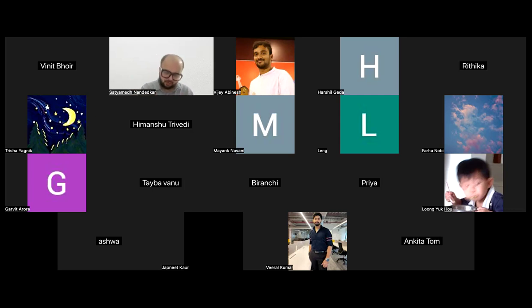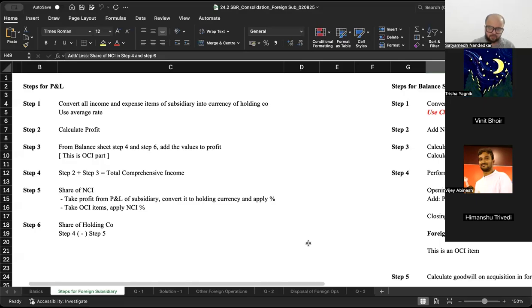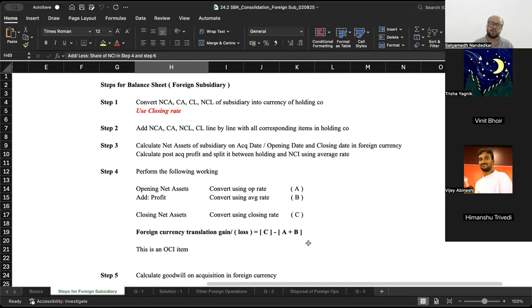In case of a consolidated balance sheet where you are consolidating a foreign subsidiary, non-current asset, current asset, non-current liability, current liability of the subsidiary company should be converted into the currency of the holding company using the closing rate, that is the balance sheet rate. Okay. Then these have to be consolidated line by line like you always do.